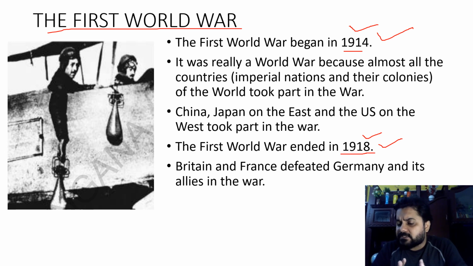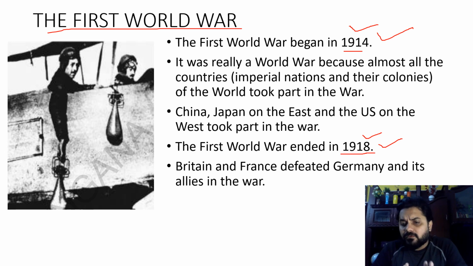The Allied powers consisted of countries like Britain, France, Russia, and the USA, whereas the Central powers consisted of Germany, Austria, Hungary, the Ottoman Empire, etc. The end result of this war was that the Allied powers won the war and the Central powers got defeated. So the Allied powers, Britain, France, and Russia, were successful in winning the war, and the Central powers like Germany, Austria, Hungary lost the war.